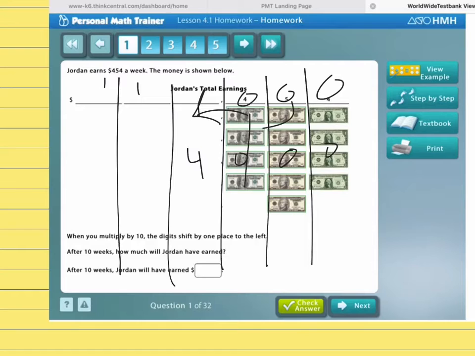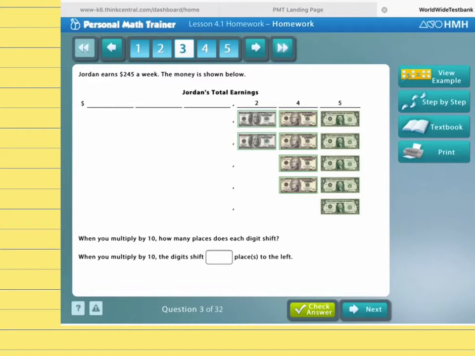The 4 is going to shift, the 5 is going to shift, the 4 is going to shift, and then we put a 0 here to hold the place value. So after 10 weeks, Jordan is going to earn 454 times 10, which is 4,540.